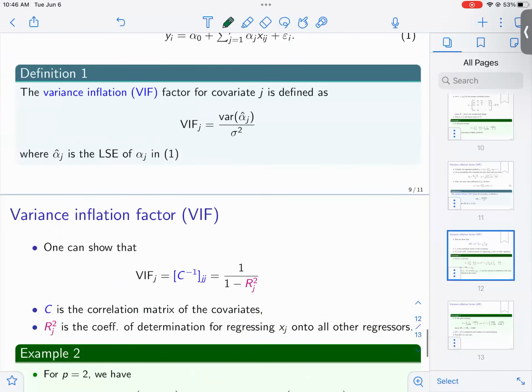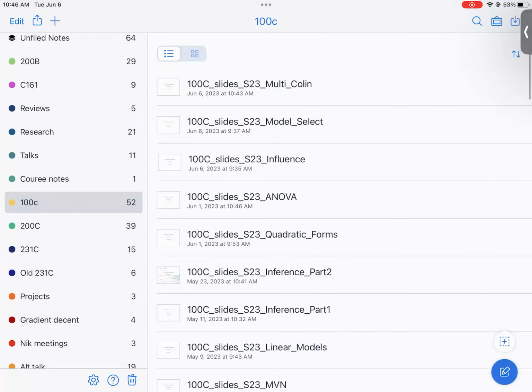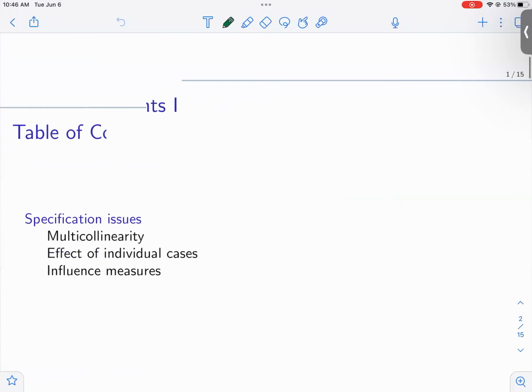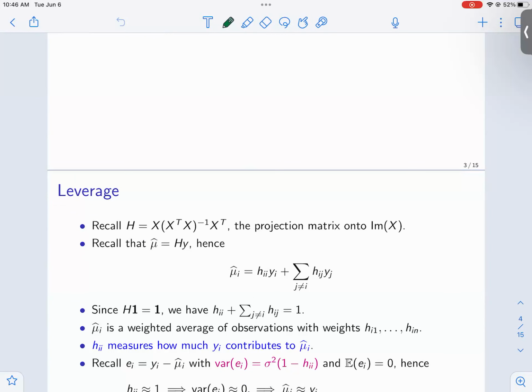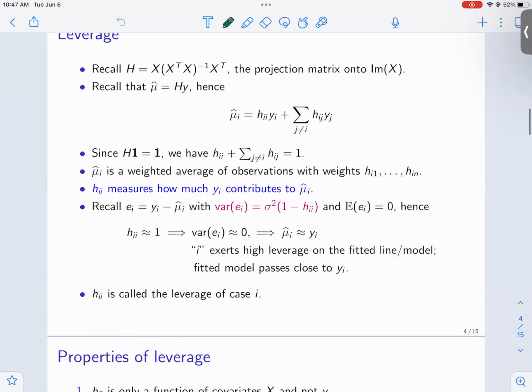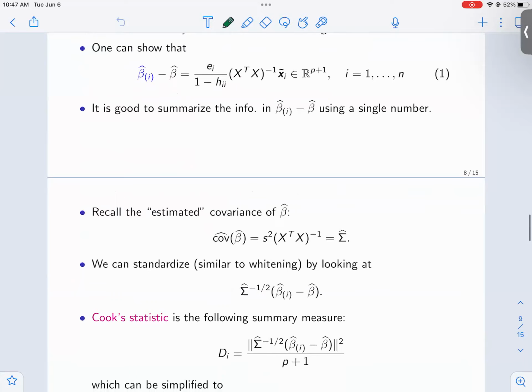Okay, so we're done with this. There's a set of slides that I also uploaded, which we won't have much time to go over. Hopefully Ian went over it yesterday: influence and leverage. If I have time, I will come back. It's not something very difficult.